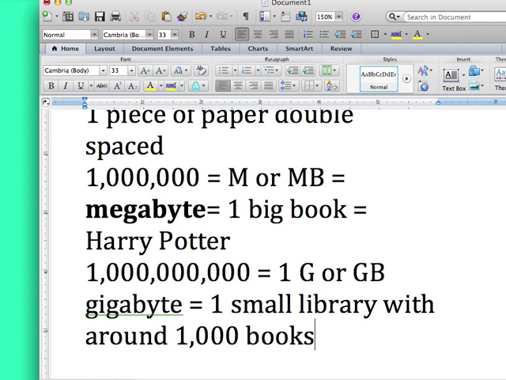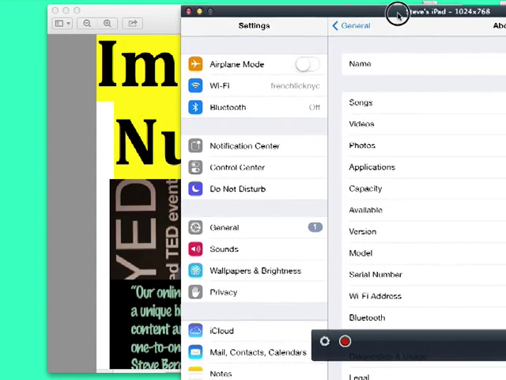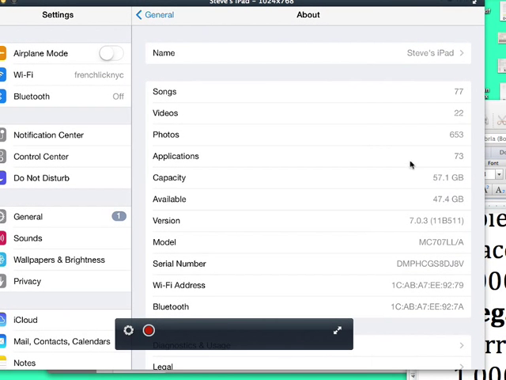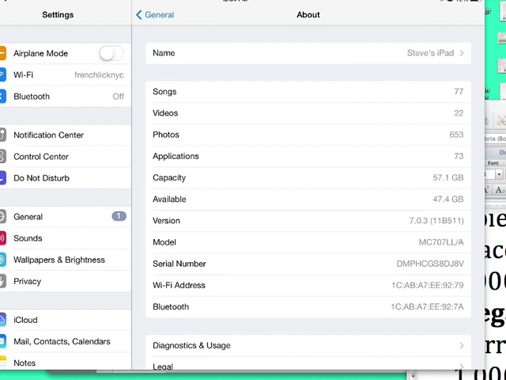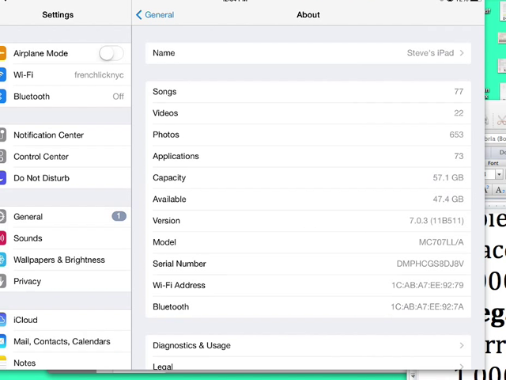So there's your word gigabyte. When the iPad said that it had 57 gigabyte, that's because you buy the iPad in different sizes. Notice that I've only used a small portion of it, but that's what the GB means.